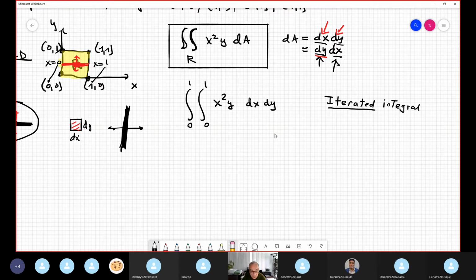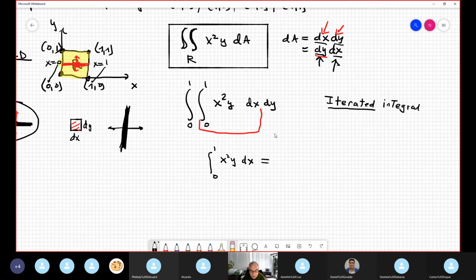You focus on this integral, like one single integral, and temporarily you forget a little bit the dy. So you focus, if you want, some people prefer to copy that: 0 to 1 x squared y dx.